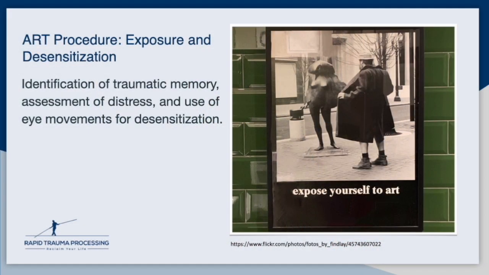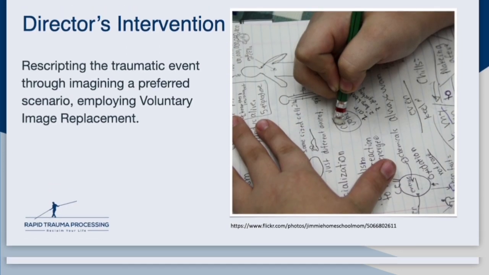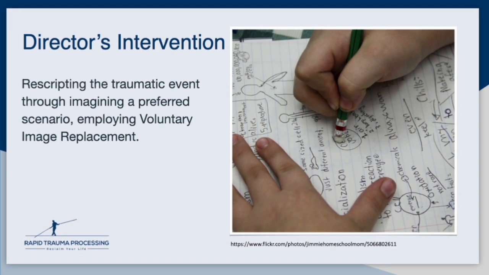In flash, you don't have to necessarily do eye movements or even tapping, but it's that imagery that's helpful. The eye movements really do add a layer of positive effect to that calming and assist with the exposure and desensitizing.